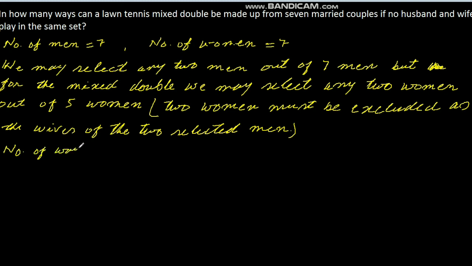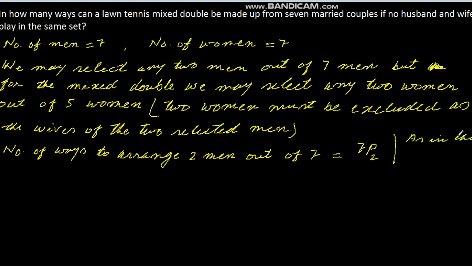Thus, the number of ways to arrange 2 men out of 7 is 7P2, as in the case of matches, the sequence of men is taken into account.